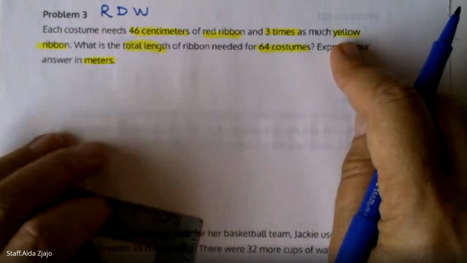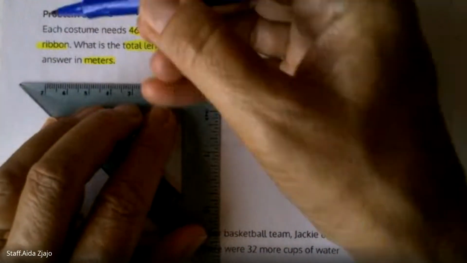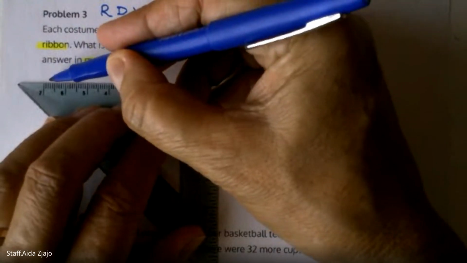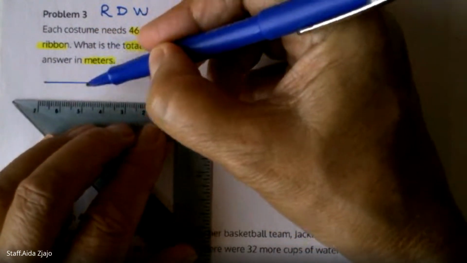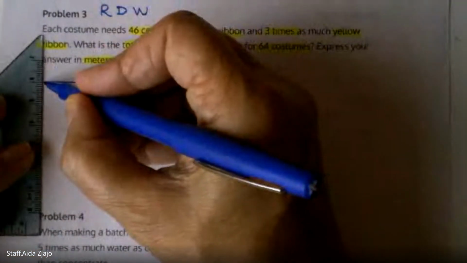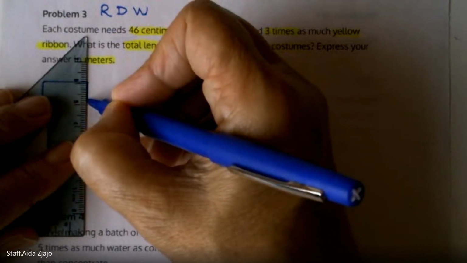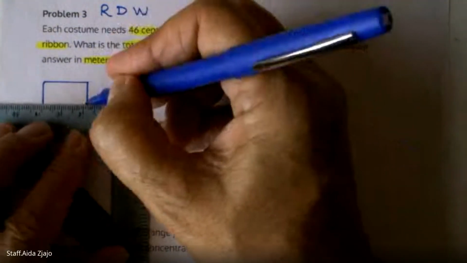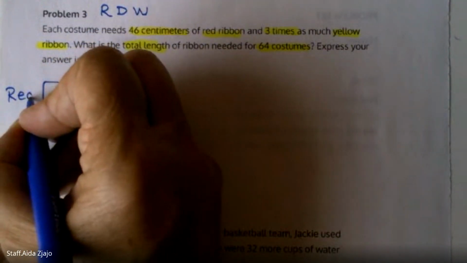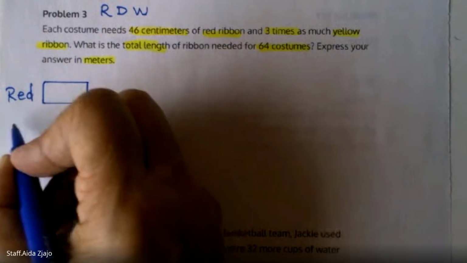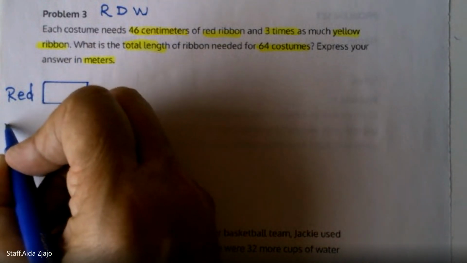So there is a red ribbon. If this is red, I'm going to take 2 centimeters, and that is red. And then this one will be yellow.